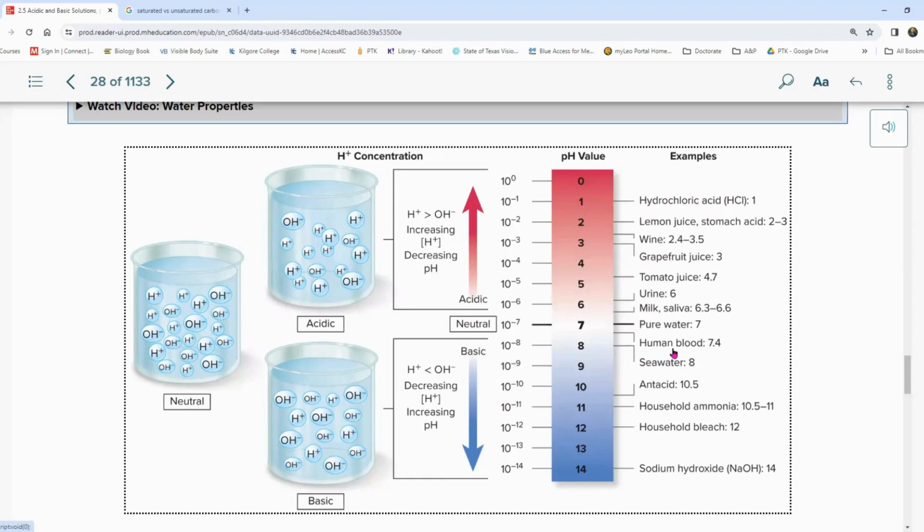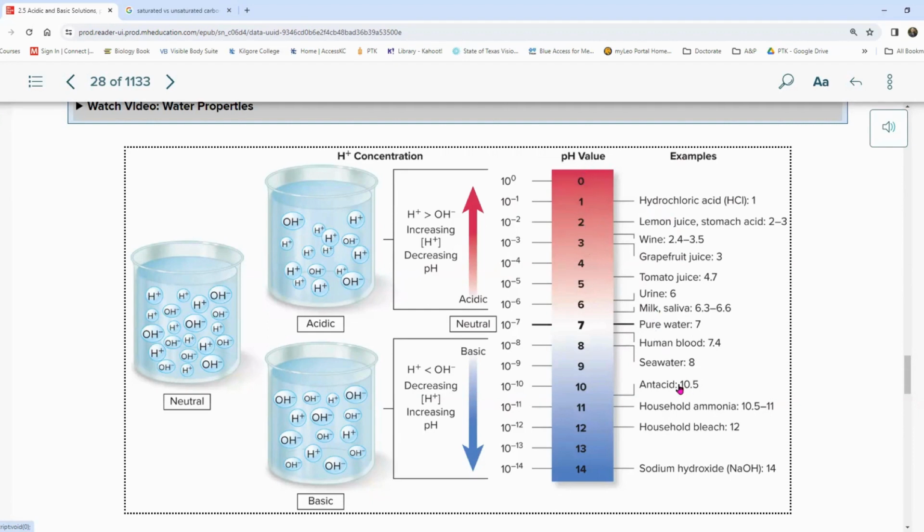Our blood actually stays in a range of 7.3 to 7.45. So it's a very narrow range that our blood pH can be. Antacids: if you have an upset stomach, which means the pH of your stomach is very low, we want to stop making it so acidic, so we increase our pH.